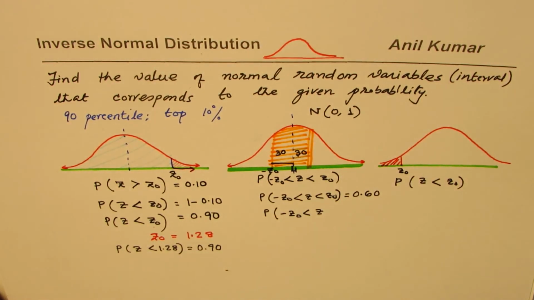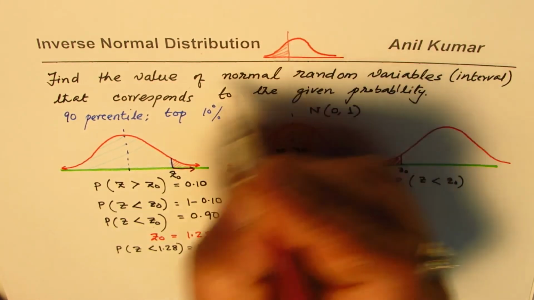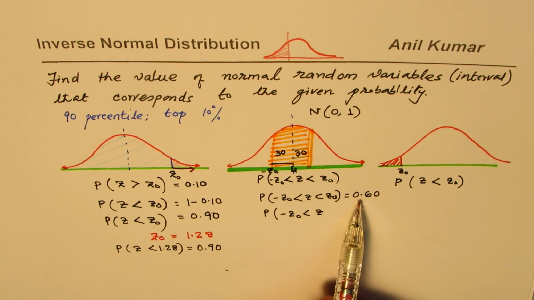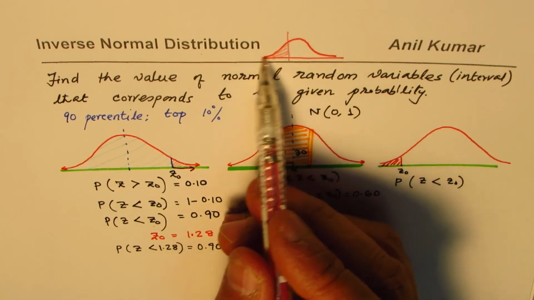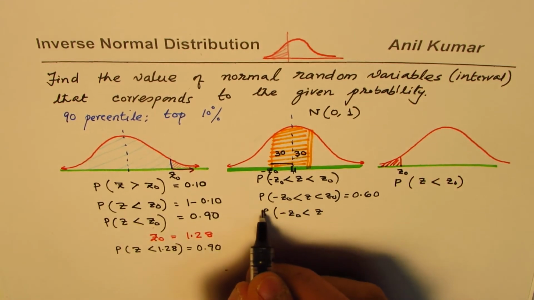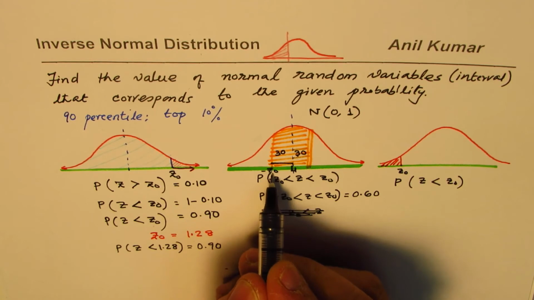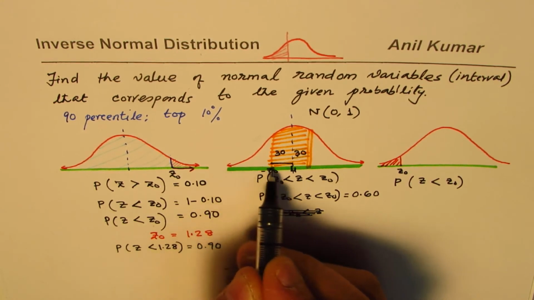If I'm trying to find a value here, my table gives me values from the left side. So I have to write probability in terms of what it is from the left side. Is it okay, right? So let me rewrite this. We want to find what is left side of this.